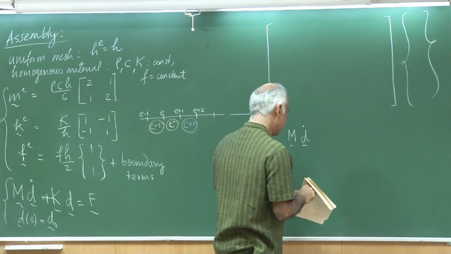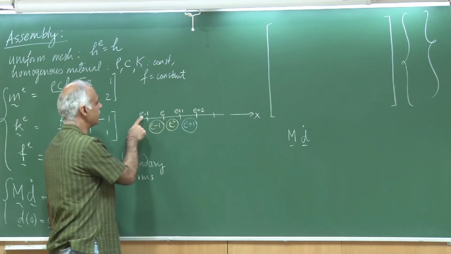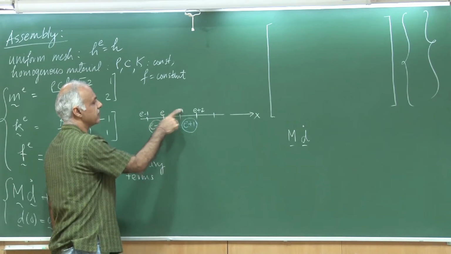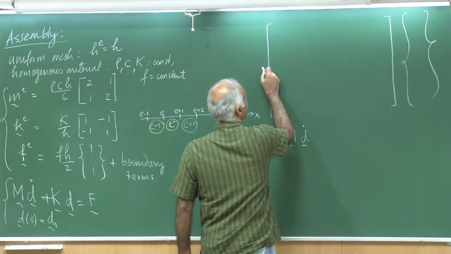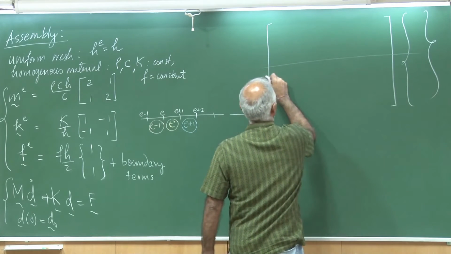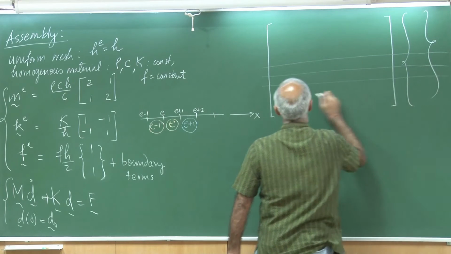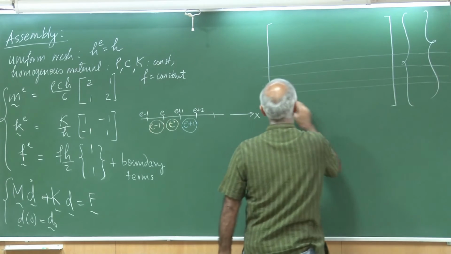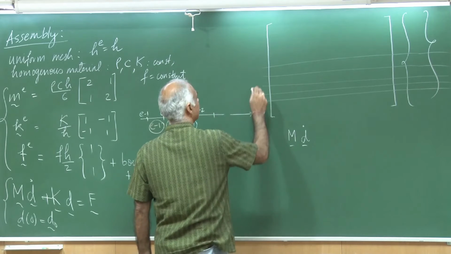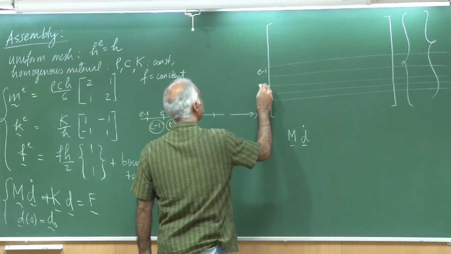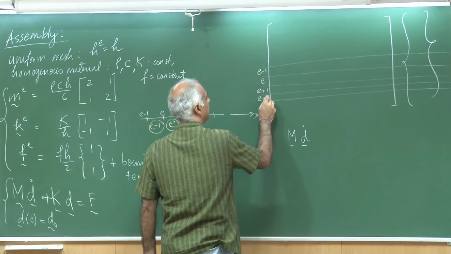So, for simplification, what I am going to do is mark these equation numbers E minus 1 through E plus 2. So, I will mark 4 of them just for simplicity. Of course, there are many more. So, I am going to write these as equation numbers E minus 1, E, E plus 1 and E plus 2.